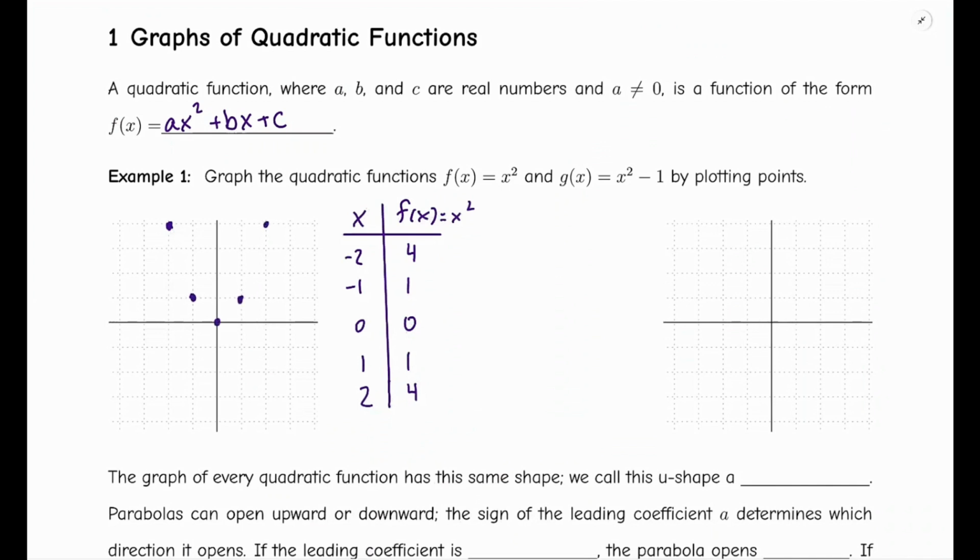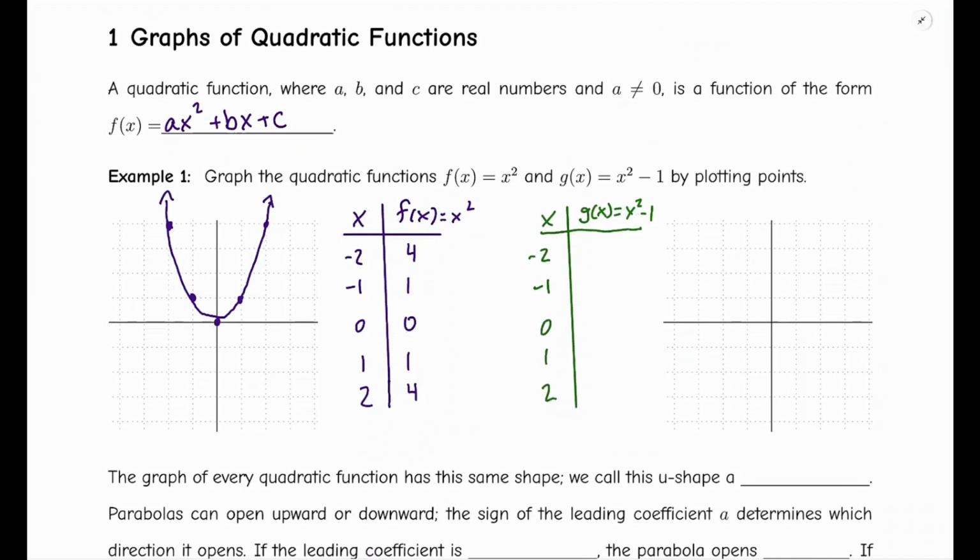I'm hoping you can see that if we assume this pattern continues, it makes this U-type shape. Now let's do g of x. Again, I'm going to choose the values negative 2, negative 1, 0, 1, 2.